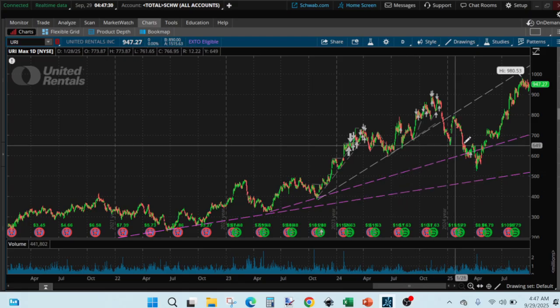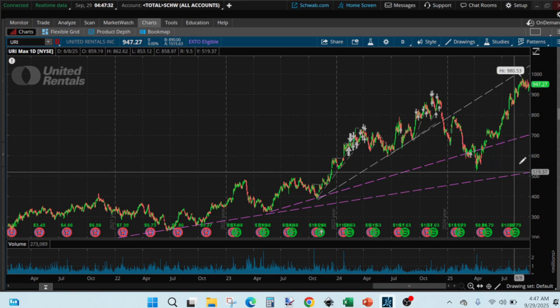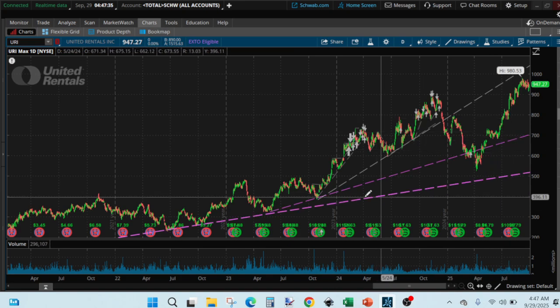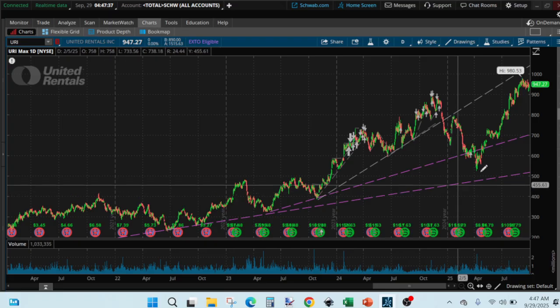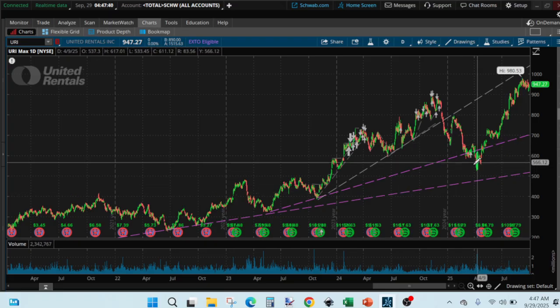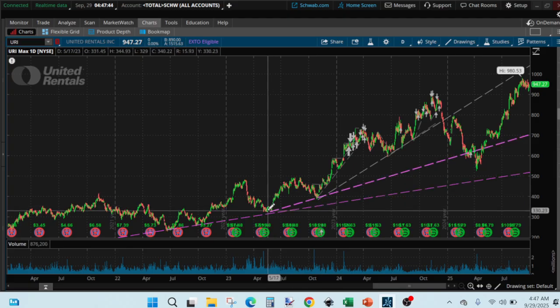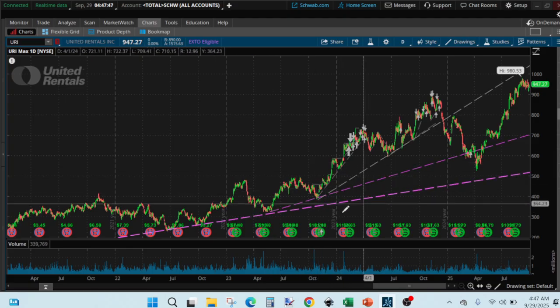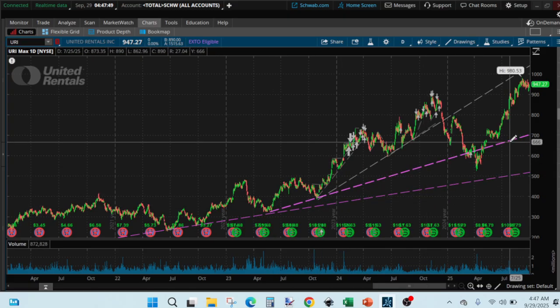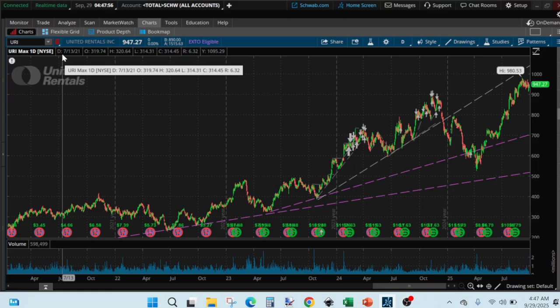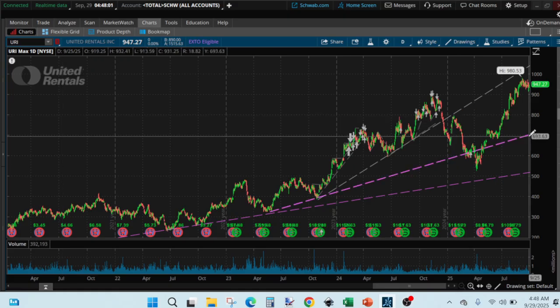So now on this maximum daily chart, if we need to adjust it because it is too close or too much into the chart, we will adjust it, otherwise we will leave it like that. So we have those two lines, and now we will compare. Let's say we don't have URY in our portfolio. Our goal will be to buy it at either one of those three lines.